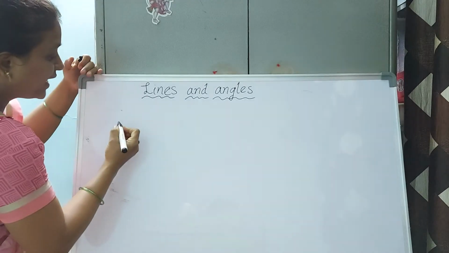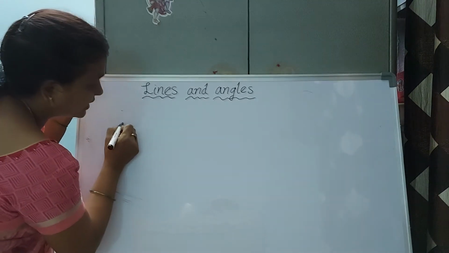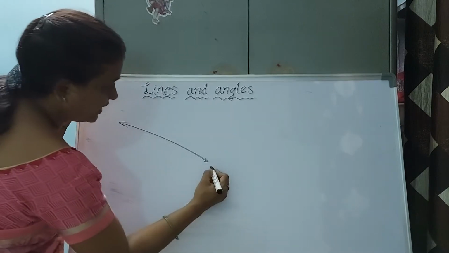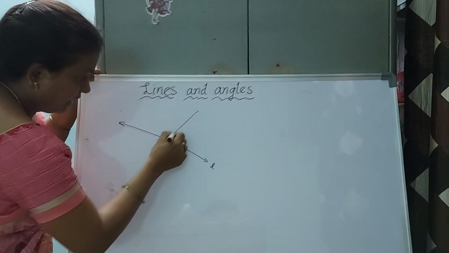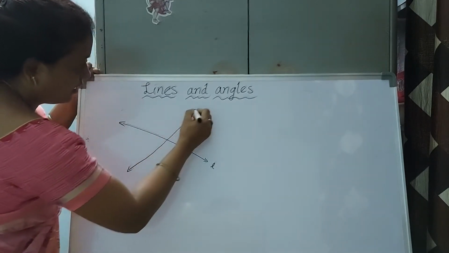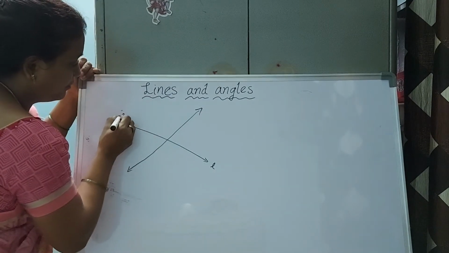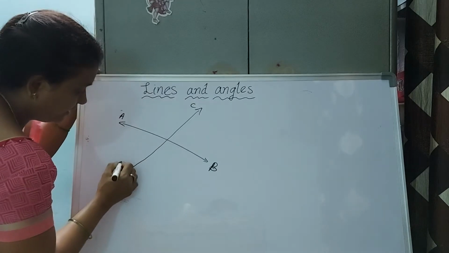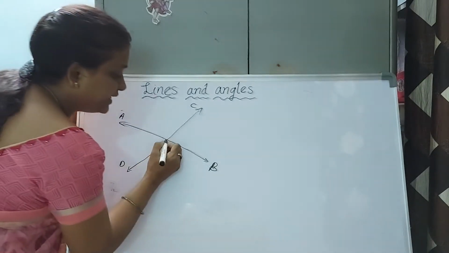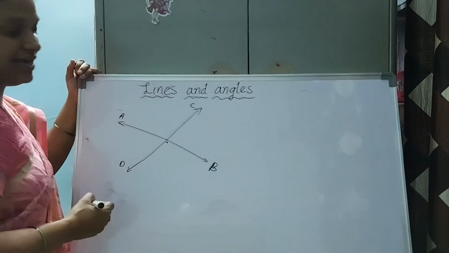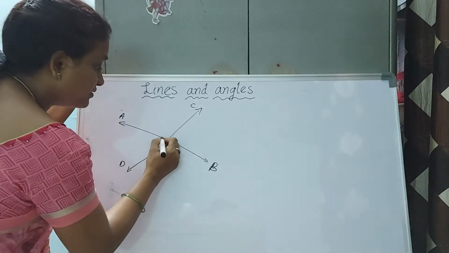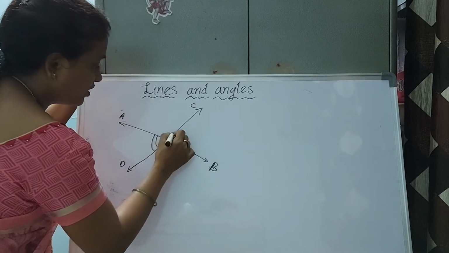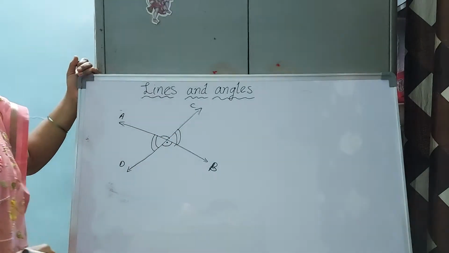Now, two lines. If two lines intersect at a point, this is line AB and line CD. If these lines intersect at O, then these are vertically opposite angles.